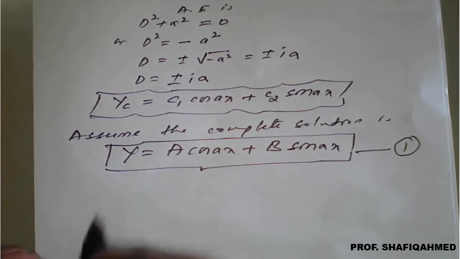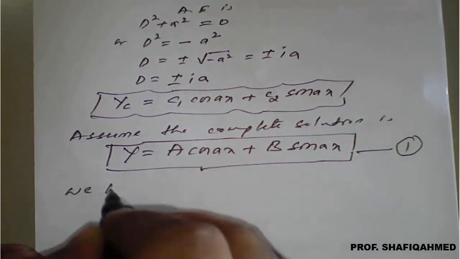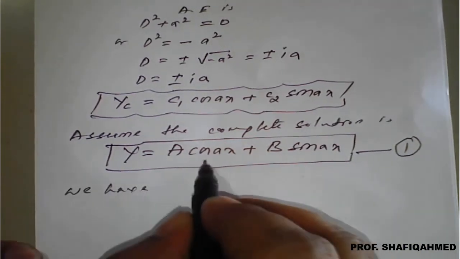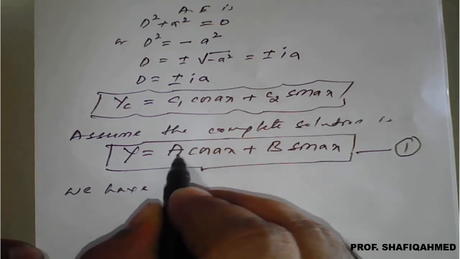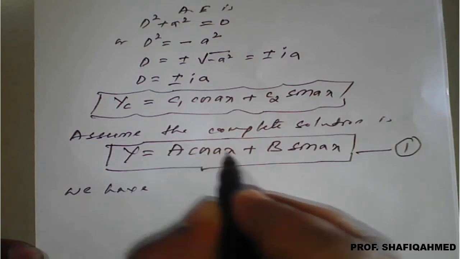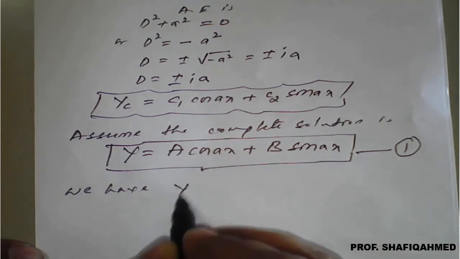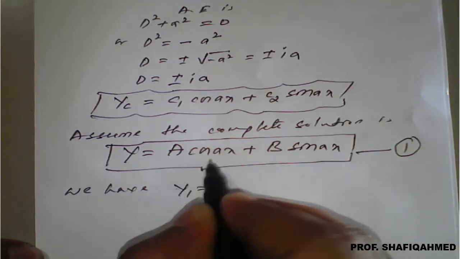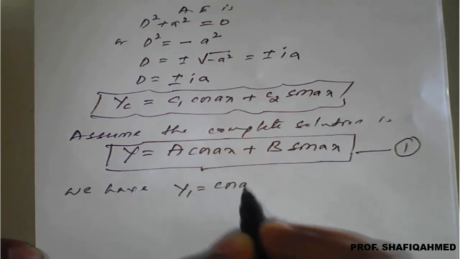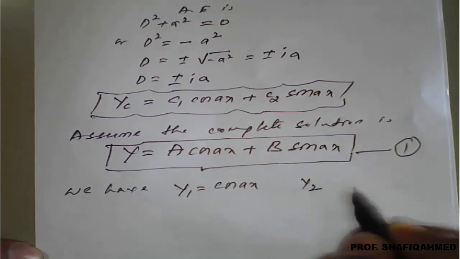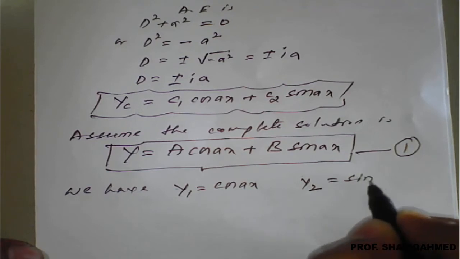Now from equation 1, the coefficient of a is cos ax, and the coefficient of b is sin ax. So y1 is the coefficient of a, that is y1 is cos of ax, and y2 is sine of ax.